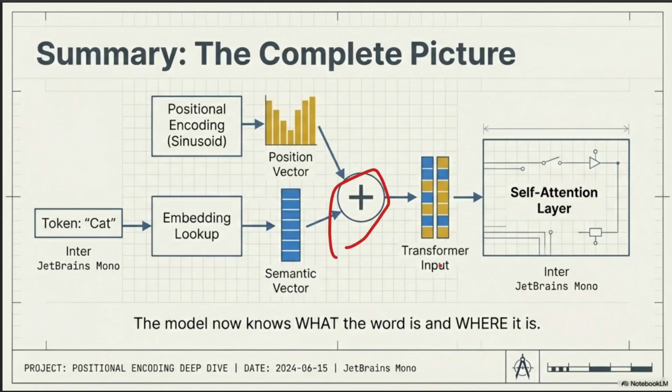This combined vector now enters the self-attention layer. The transformer now knows what the word is, cat, and its position. So if we say the cat, it knows that cat has position 2. So we have successfully imposed the order.